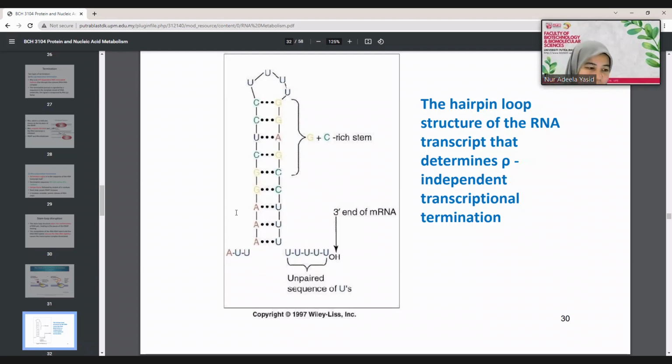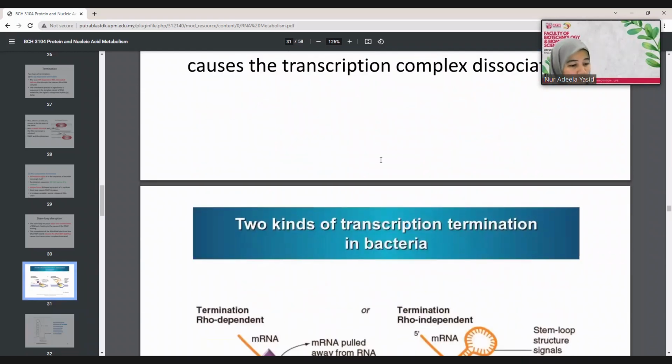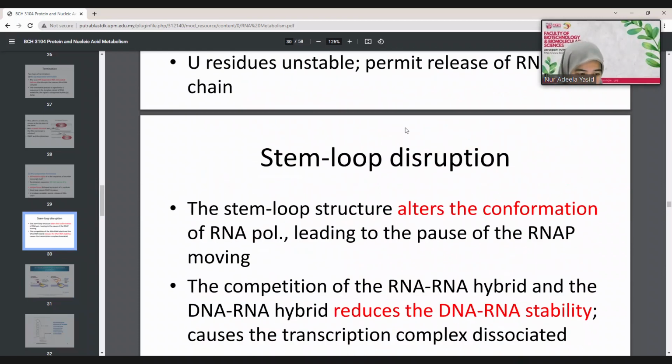Okay. So once it forms this hairpin loop, once it encounters this series, dia akan form hairpin loop, ataupun stem loop. Obviously, it will alter the conformation. Correct? It will alter the conformation of the sequence. Okay, it will alter the conformation of the RNA polymerase.